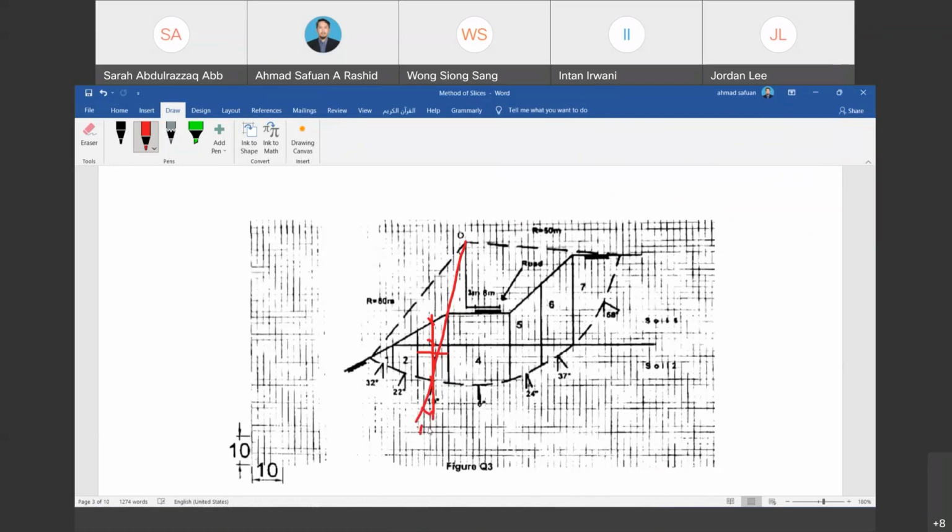So this alpha is equal to 10. As I told you before, this side from the origin we consider as negative, while this side on the right we consider as positive.